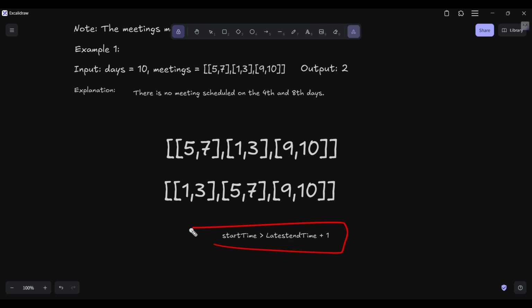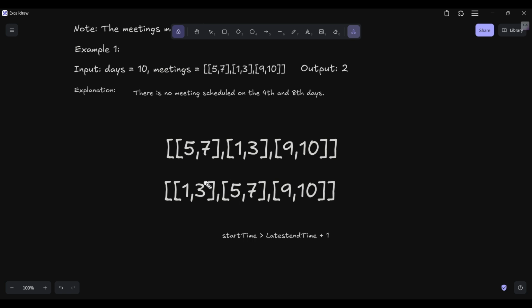If this condition is fulfilled, then we can say some days were skipped. The start time here for the second meeting is 5, and the latest end time was 3, and 3 plus 1 is 4. So 5 is greater than the consecutive number.